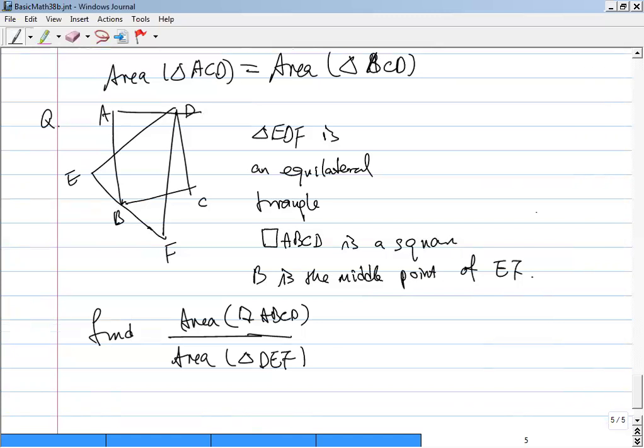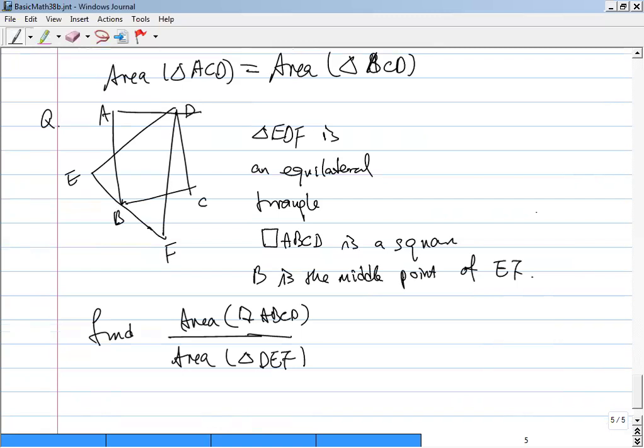Any ideas? No? All right. You don't know the exact size of the equilateral triangle, but that's okay.